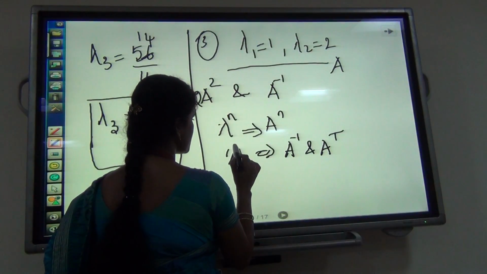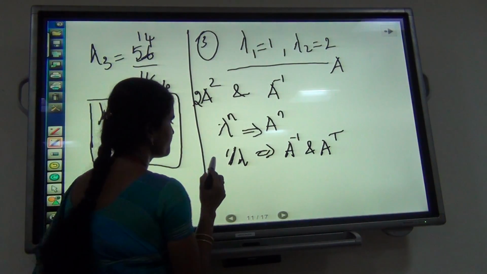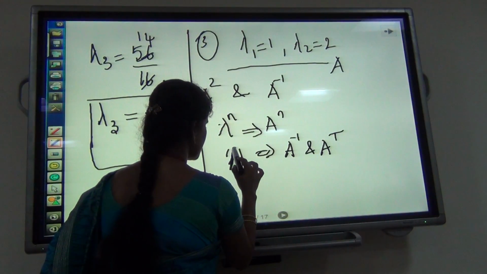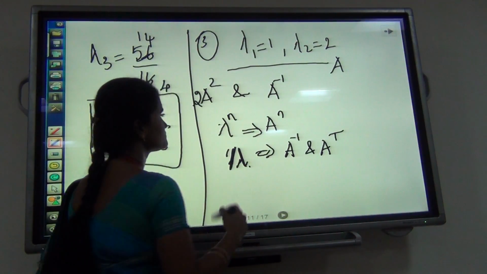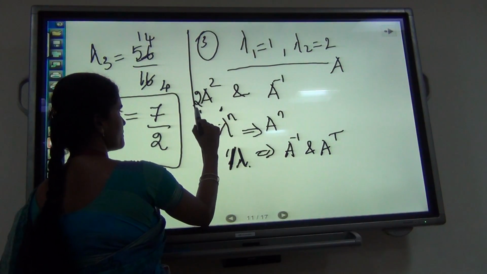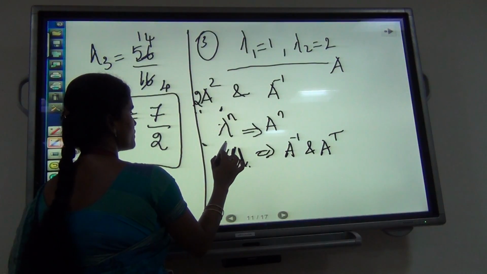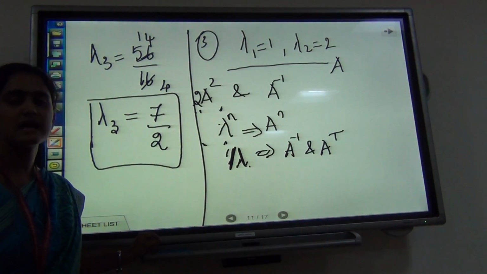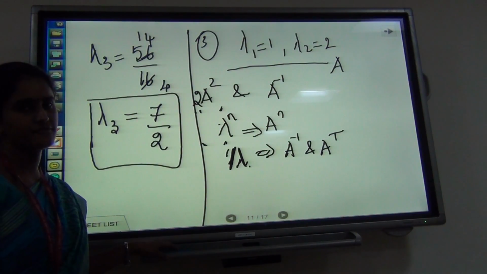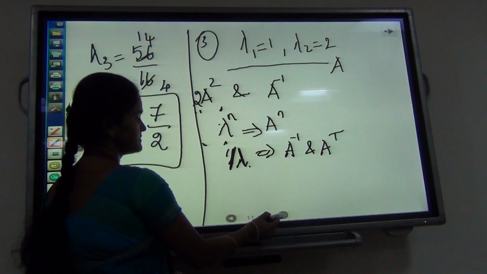So it is lambda power n that will be the eigenvalue of A power n, and 1 by lambda for A inverse. So we have to state the property. Here we can quote the property. As we quote the property and do the problem, it will be easy for us and we will understand better.